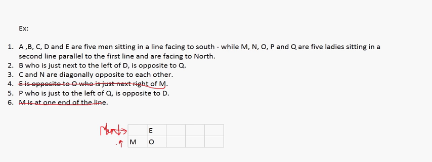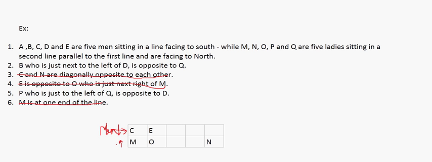Let's look at the statement number 5, which says P, who is just to the left of Q, is opposite to D. Now we know that M is here, N has to be here, right? Because N and C are diagonals, so N is not here, so N has to be here, which means C is here. So we have also used this statement, right?